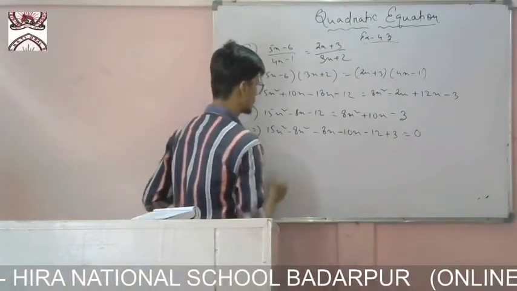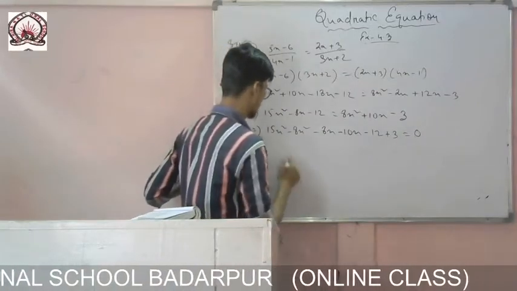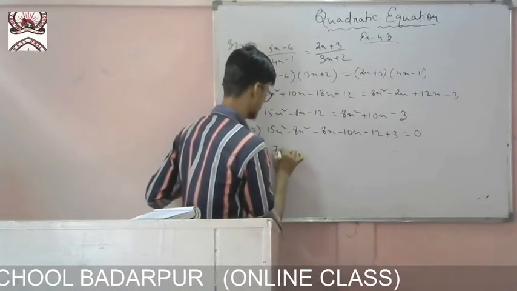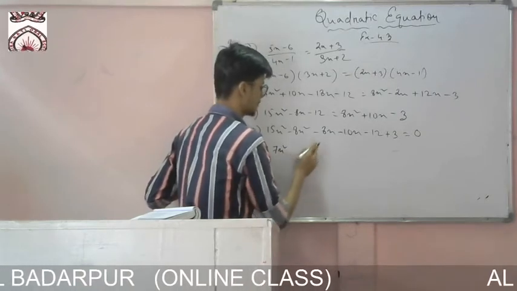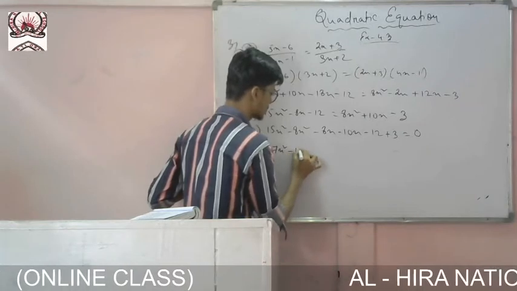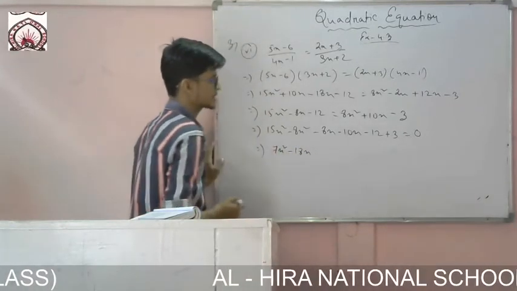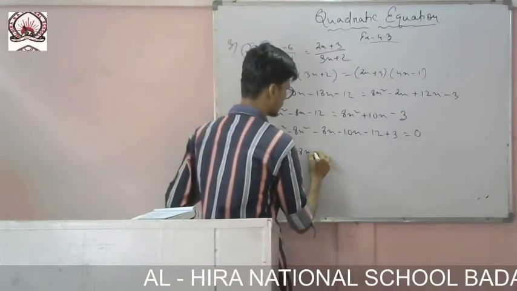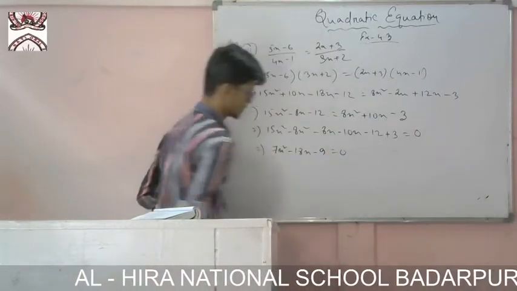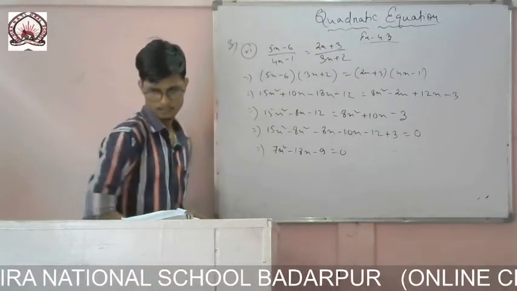So 15x square minus 8x square will be 7x square, minus 8x minus 10x is minus 18x, and minus 12 plus 3 is minus 9 equals to 0. 7x square minus 18x minus 9 equals to 0.